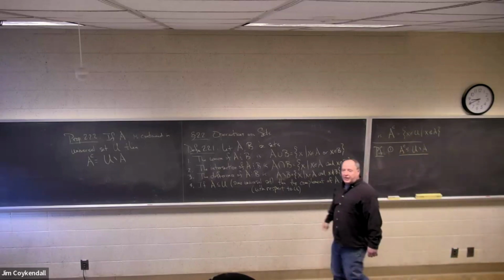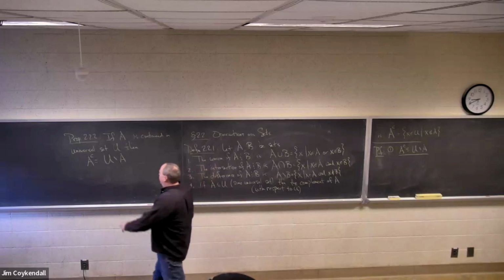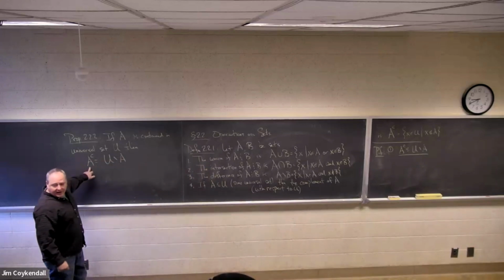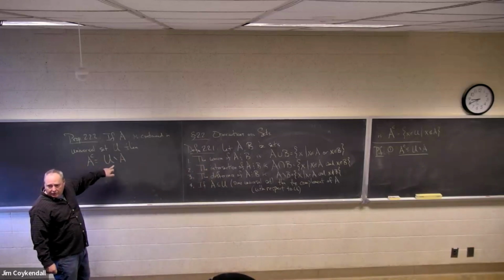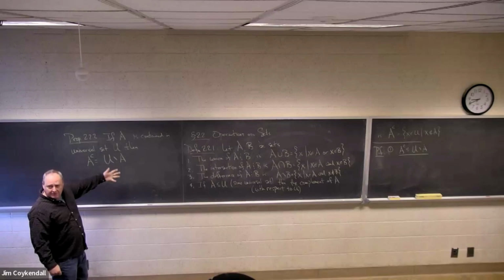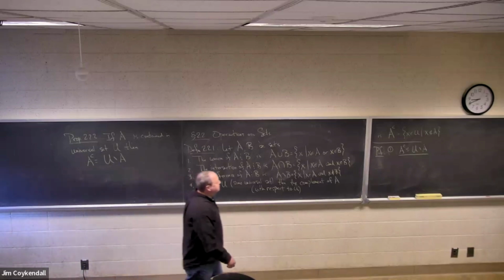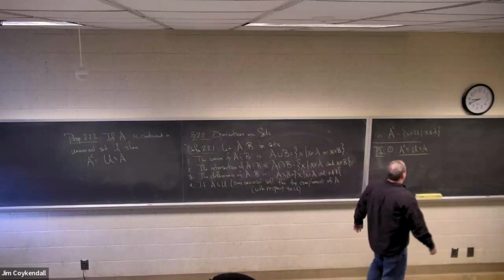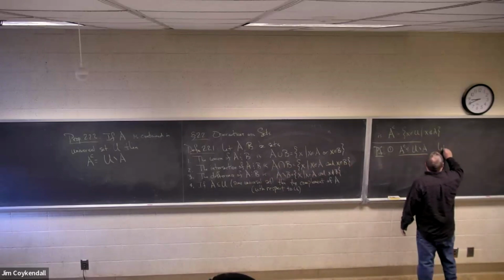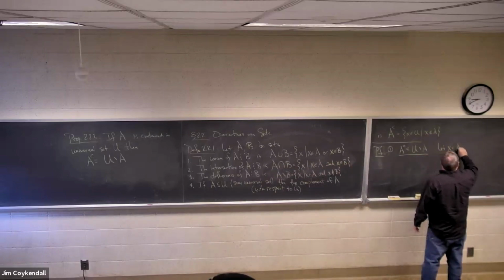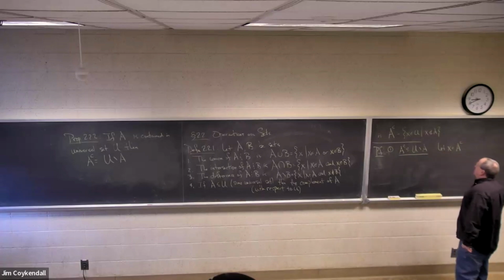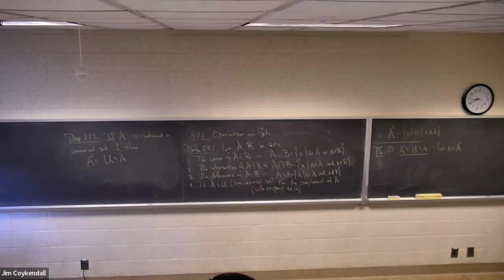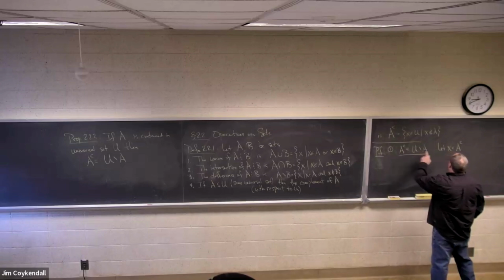Remember, how do we show two sets are the same? I'm trying to show the two sets are equal. Show that the left side is contained in the right. Show the right side is contained in the left, and I'm good to go, right? So let's take an element of A complement.